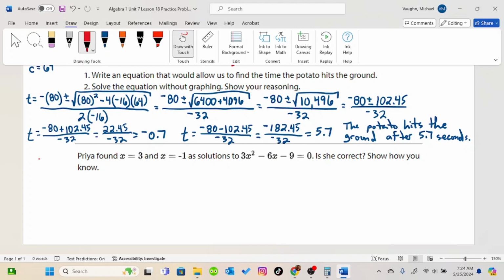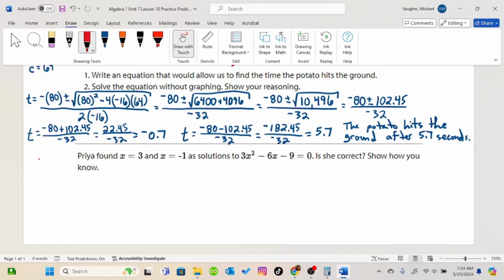So there are actually 3 methods to answering this question. The first thing you could do is use a graphing calculator like Desmos.com. Put in this equation and see if you have x-intercepts at 3 and negative 1. If you do, then Priya is correct.